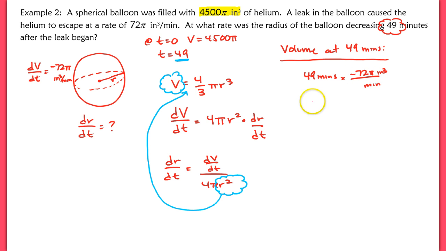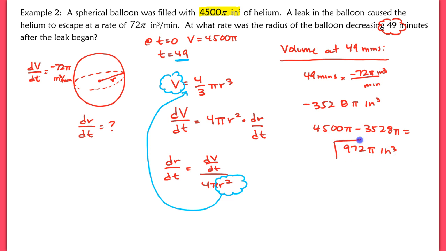So that's a total of, let's see, 3,528 pi cubic inches of volume that has been leaked. To find my volume at that specific time, I'm just going to take 4,500 pi and subtract 3,528 pi to end up with 972 pi cubic inches of helium. That's the volume right now at 49 minutes.